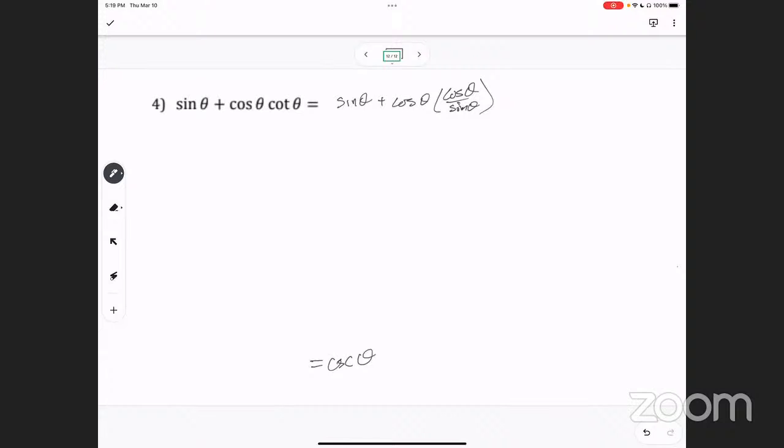Wouldn't sine theta go on the bottom, just in general for this one? What do you mean? Wouldn't everything be all over the sine of theta? Well, no, because this isn't being multiplied by this.